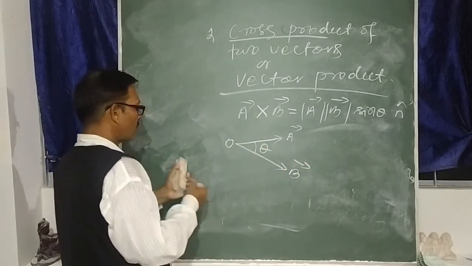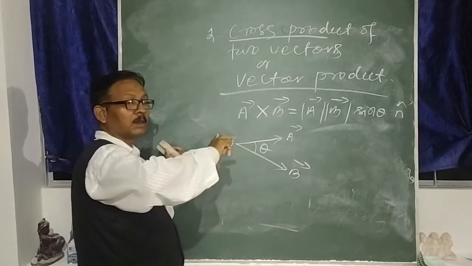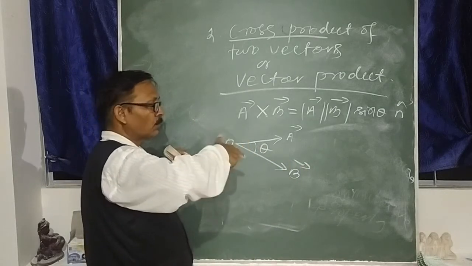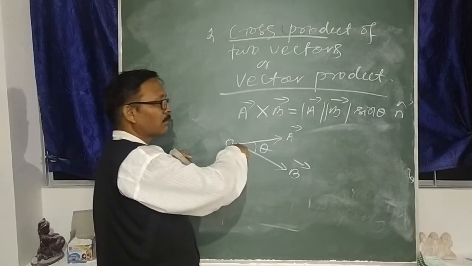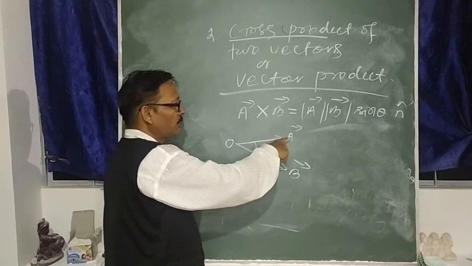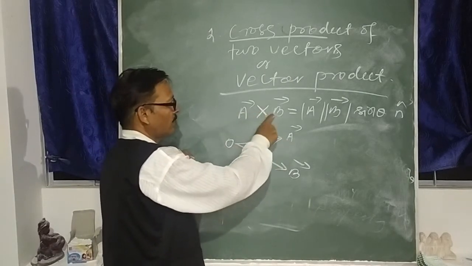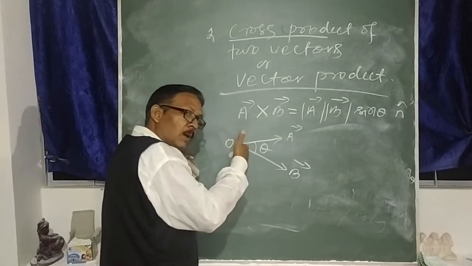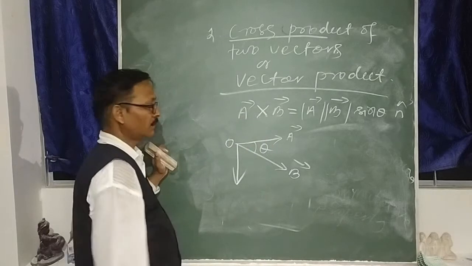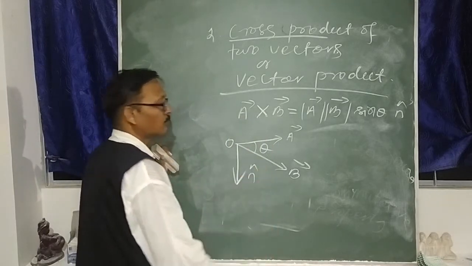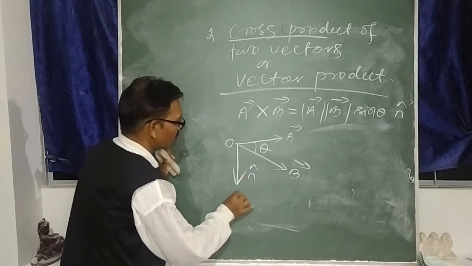Now the right hand screw rule: rotating a screw from A to B, it will move forward, inward. Inward means n cap, the unit vector, and this is A cross B.